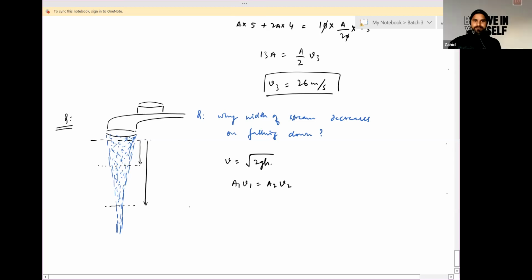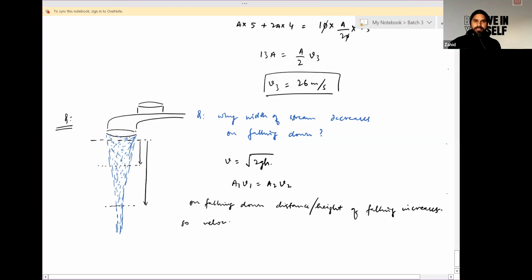So you say, on falling down, the distance or height of falling increases.